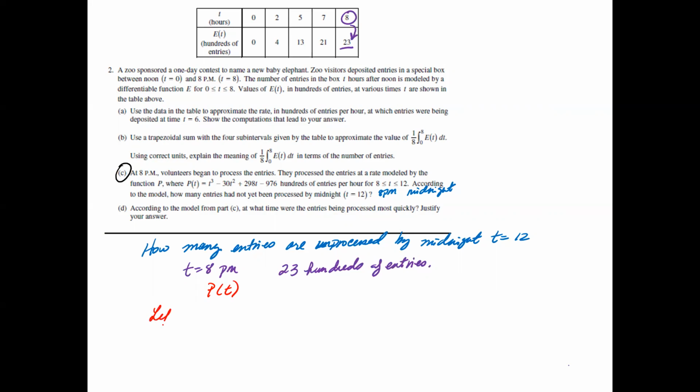So what is left by the time it is midnight at t equals 12 is simply going to be the 23, that is what you have at 23 hundreds of entries at 8 p.m., minus the integral from 8 to 12 when you stop processing it, P of t dt.